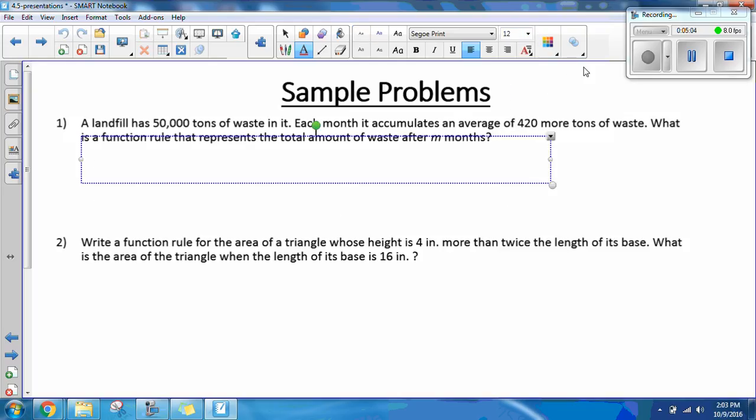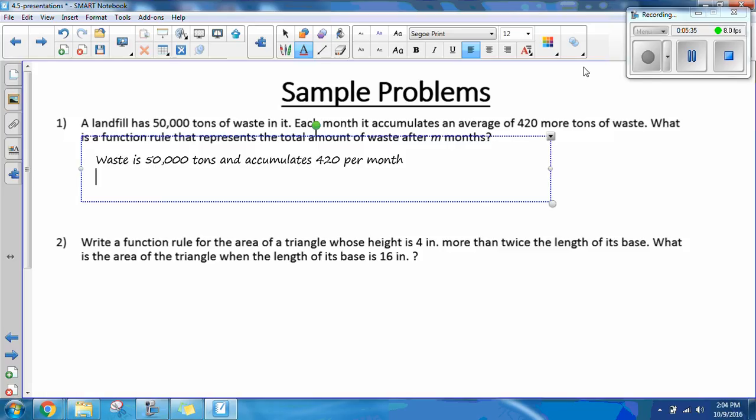Within the problem, the landfill, so the amount of waste it has, is 50,000 tons, and accumulates an average of 420 more tons per month.